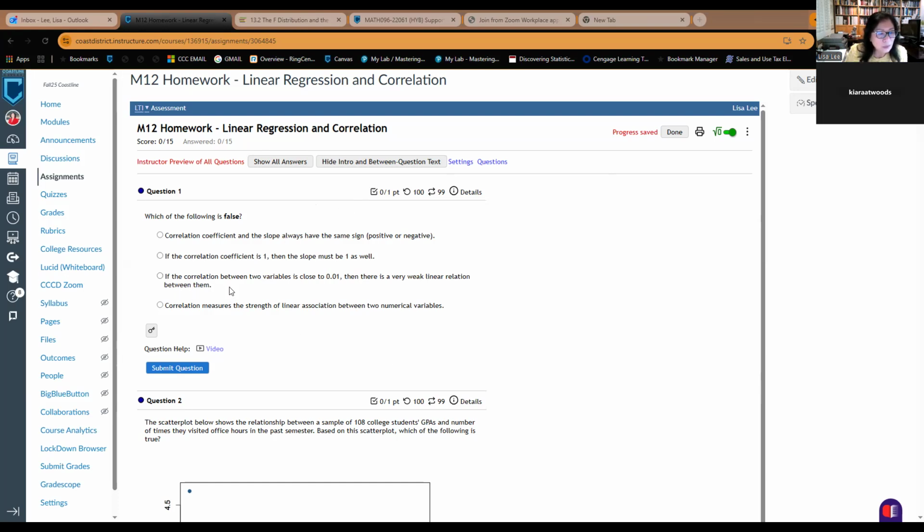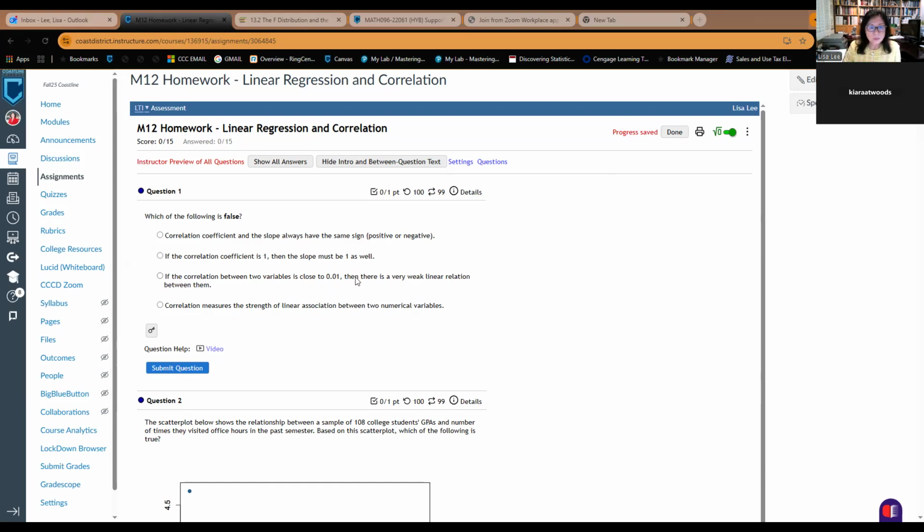And number three: if the correlation between the two variables is close to 0.01, then there's a very weak linear relation. Is that correct? Because the number is so small, 0.01, close to 0, it's supposed to be between -1 and 1, so close to 0 there's no correlation.